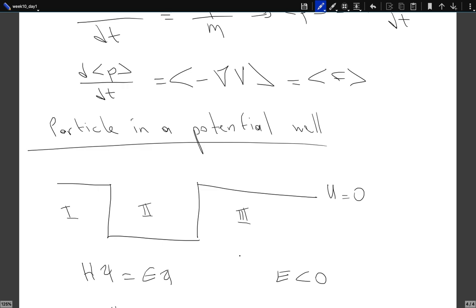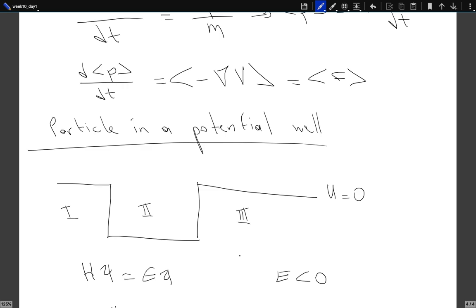If my particle is over here, my potential is 0. So minus 4 joules would be the kinetic energy. But that's not possible. So my particle cannot be here. Its energy is not enough to leave this range. So that is why region 1 and region 3 for such a particle will be forbidden in classical physics.